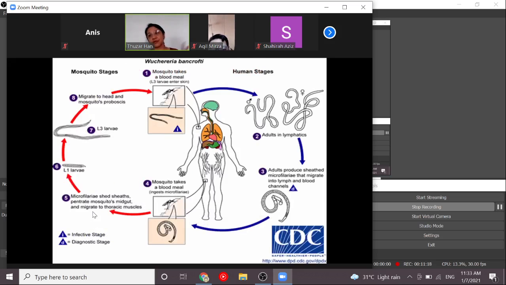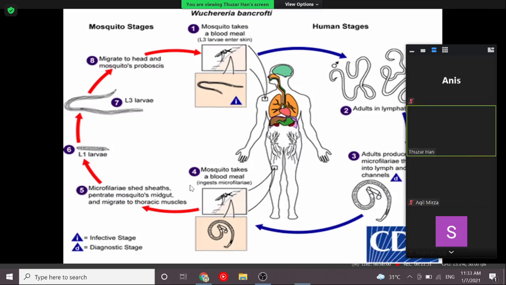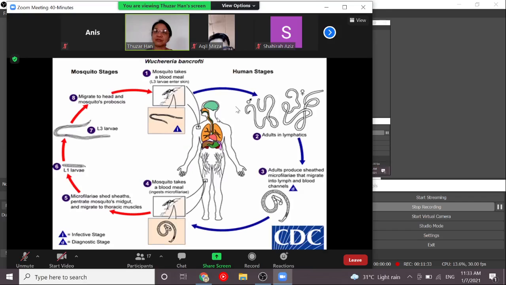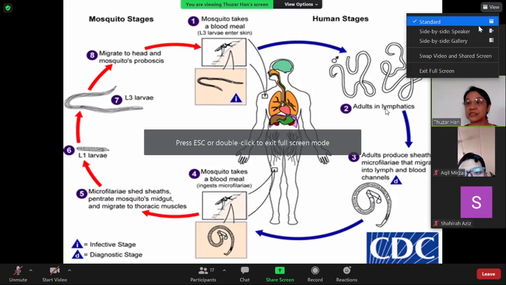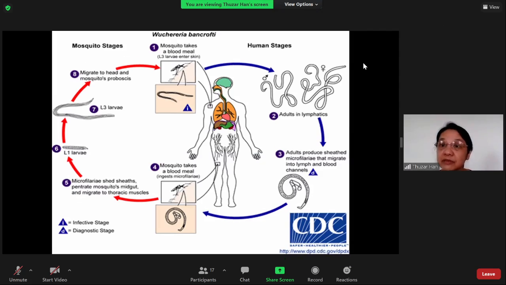So this is just a revision. This is the life cycle. The adult worms are male and female, because they are nematodes. If it is cestodes or trematodes, you cannot say male or female, as there is no separate gender. Because they are tissue nematodes, the male and female adult worms live in the lymphatic system, mainly the lymph nodes, because of their long and big size.